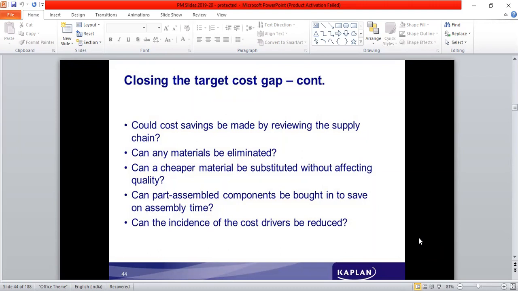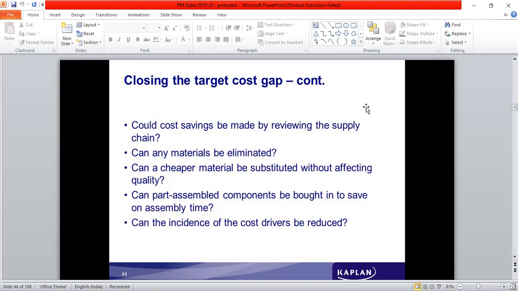So in the supply chain, is there anywhere that cost can be saved? Can any material be eliminated? Can a cheaper material be substituted without affecting the quality? Can part assembled components be bought in to save on assembly time? Can the incidence of cost drivers be reduced?